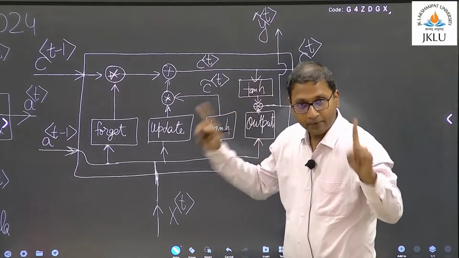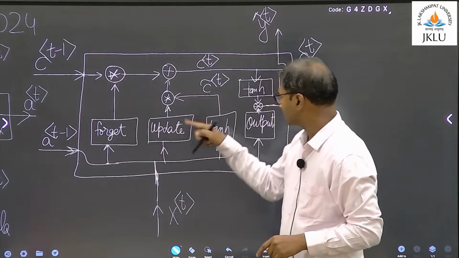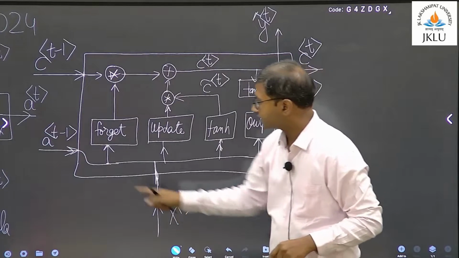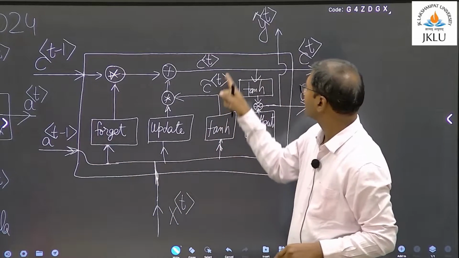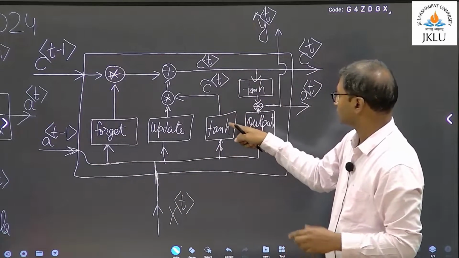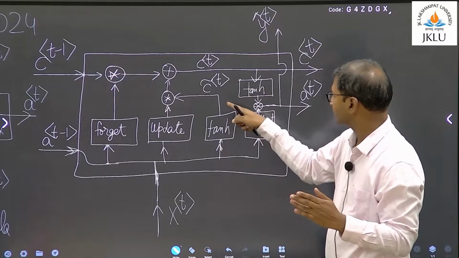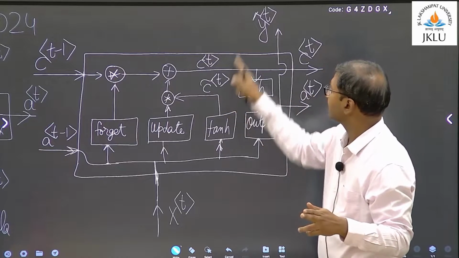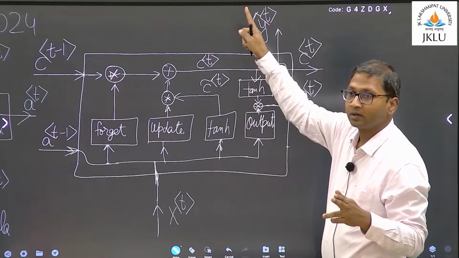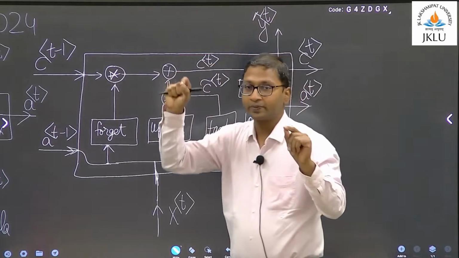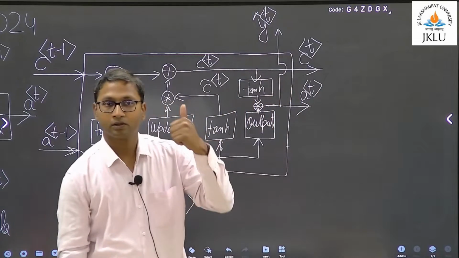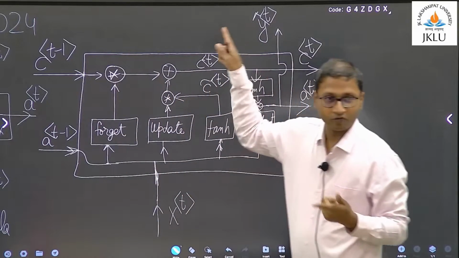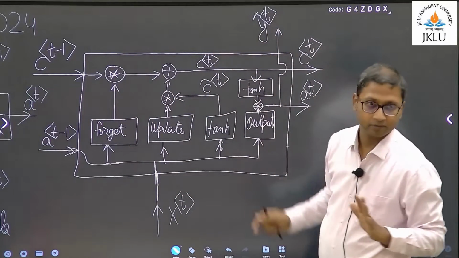So plain RNNs were: remove this, remove this, everything else, xt, a t minus 1, tanh, and simply whatever comes after tanh, send that back as a t, send that up, and then multiply with which weight matrix? WYA, take softmax, and you get your y hat.